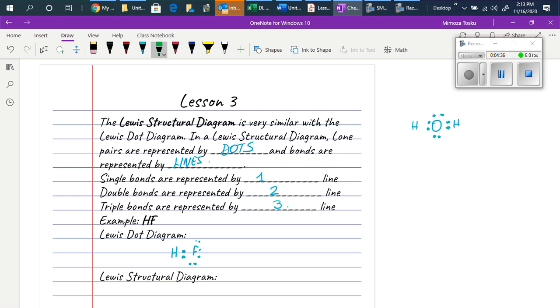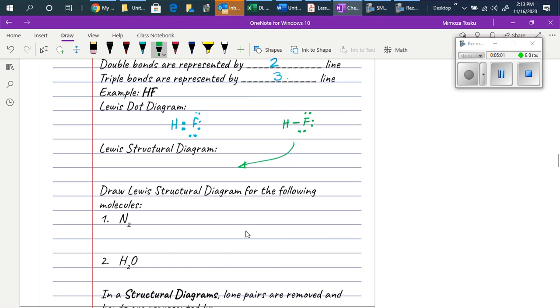When we are drawing the Lewis structural diagram, this bonding is replaced by a line, and then we represent the electrons that are in the outer shell. So this will be the structural diagram of HF.